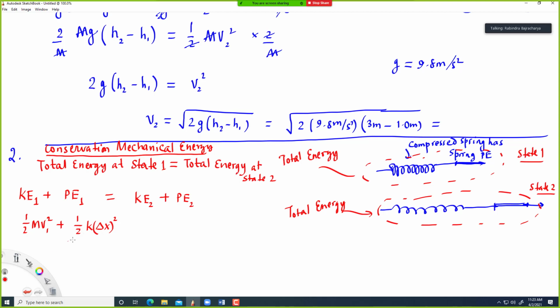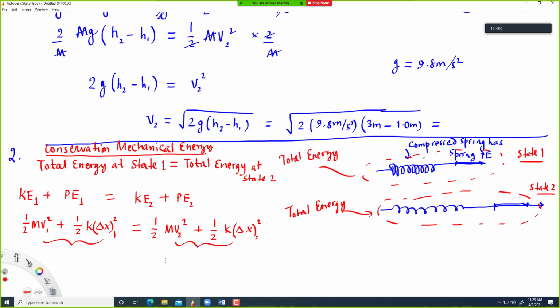So for state 2, kinetic energy is 1/2 m v2 squared plus potential energy is 1/2 k delta x2 squared. So that's the total energy for state 1 and 2.